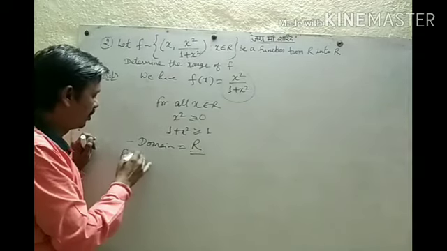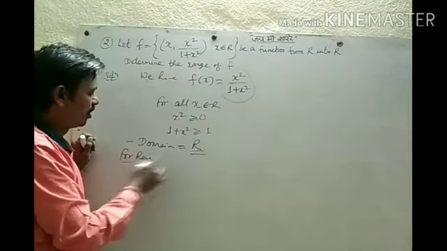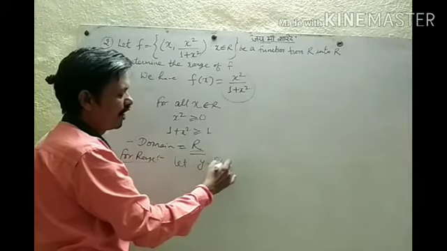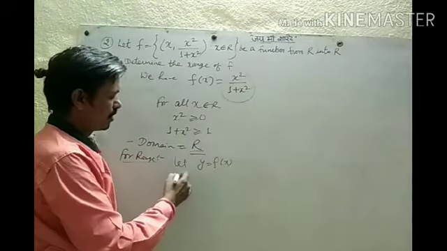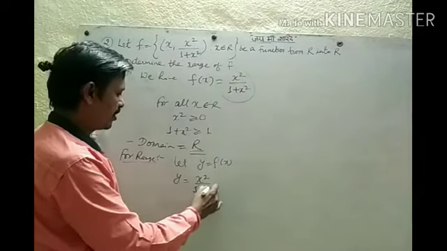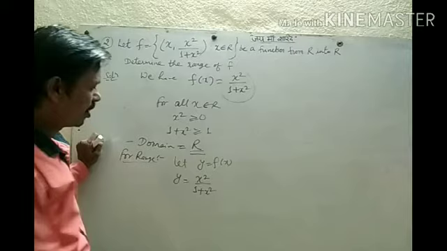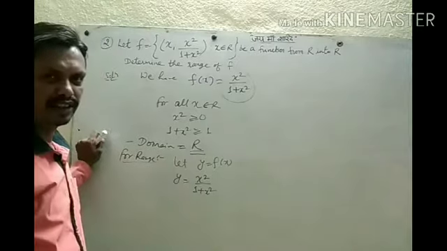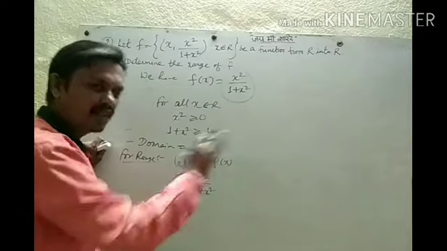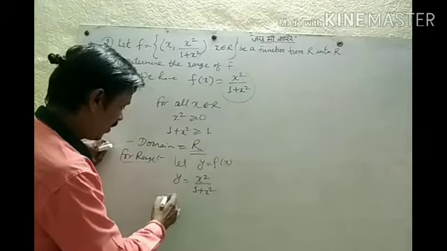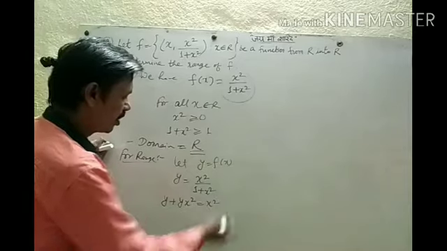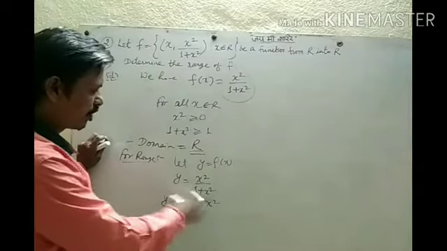Now we need the range. So to find the range of this type of function, suppose that y is f of x, means y is x square upon 1 plus x square. Now we write x in terms of y, means all terms which contain x will be on one side, other terms on the other side. If you simplify, we get y plus y x square equal to x square, after cross multiplication.